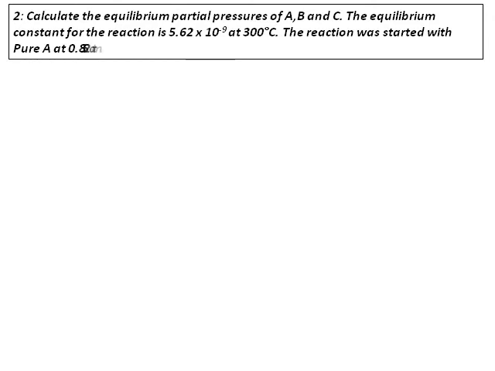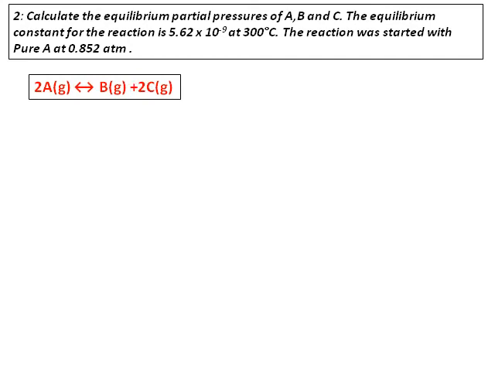Calculate the equilibrium partial pressures of A, B and C. The equilibrium constant for the reaction is 5.62 times 10 to the power of negative 9 at 300 degrees Celsius. The reaction was started with pure A at 0.852 atmosphere, and the reaction given is 2A giving you B plus 2C.